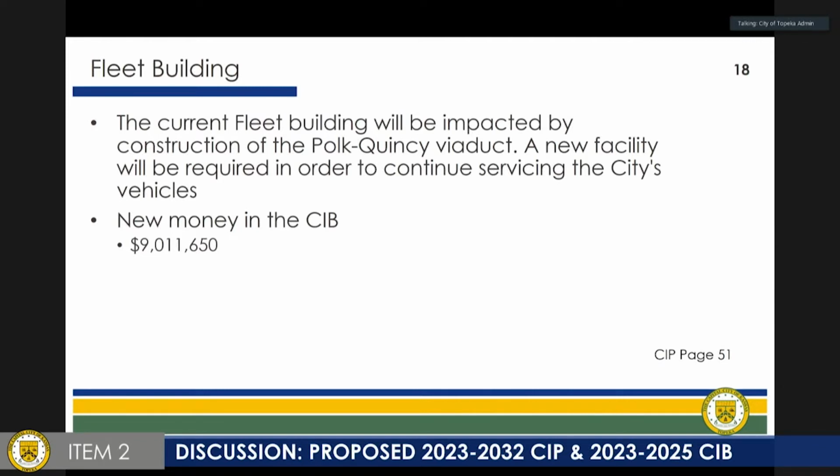So there's a $9 million price tag in this year's CIP. My understanding is that there is a sense of urgency to that, as KDOT is looking to begin some projects in 23. Is that right, City Manager? We'll start some of the demo processes in June, and then utility work in 23. So there is a sense of urgency to that.